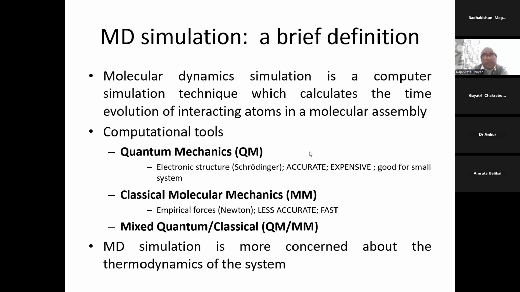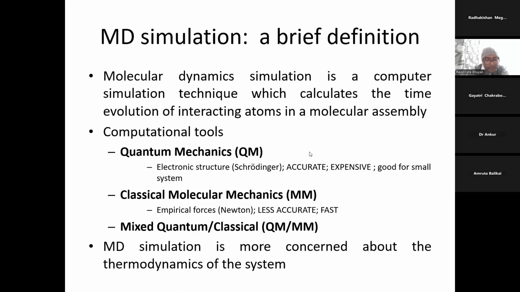That means we define the positions of all the electrons or other subatomic particles in the atoms, and we study the behavior of the atom in terms of the behavior of subatomic particles. But it is very computationally expensive, though highly accurate.